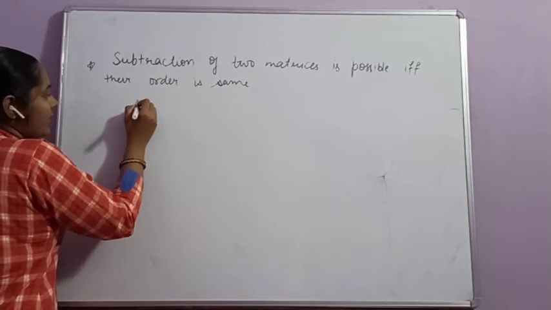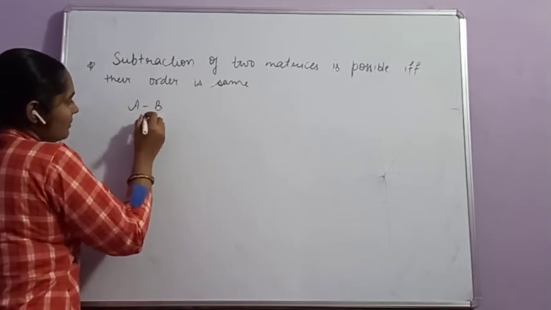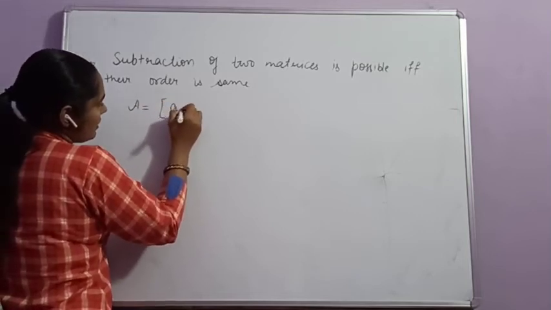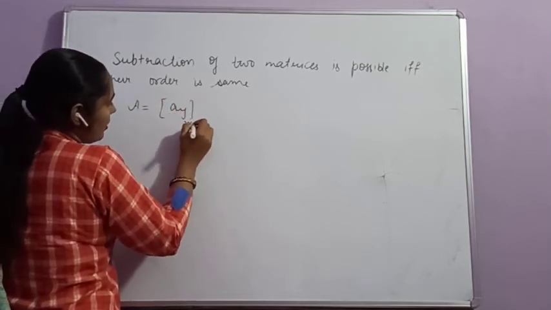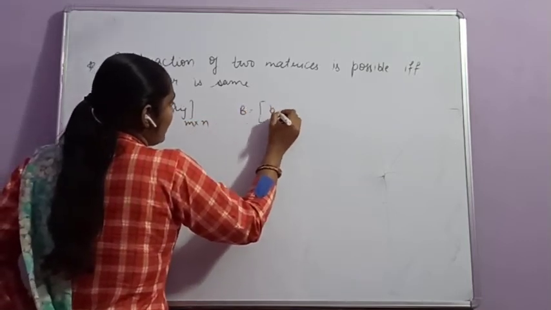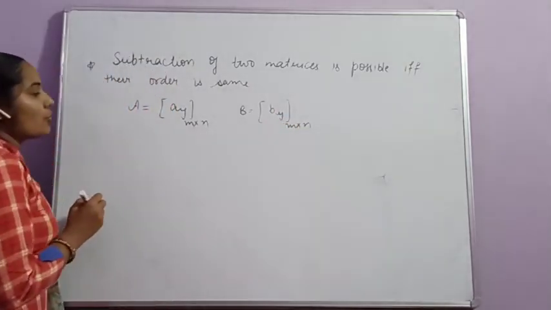That is, A minus B is possible if A is a matrix with elements Aij, order m cross n, and B is a matrix with elements Bij with same order, that is m cross n.